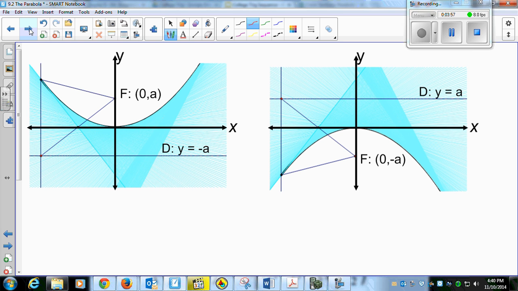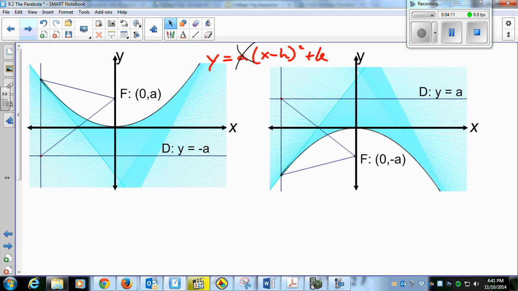This is not the a value from your equation that's here. It is not this a value. They do not correlate to be the same thing. So be careful, it's just a matter of variables overlapping here. With this a value, that distance is going to be the same, because this point is equal distance to a point on our graph.